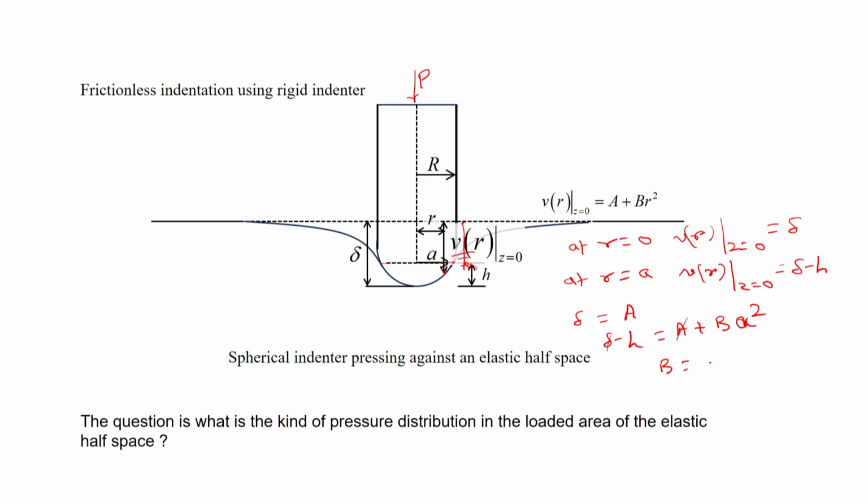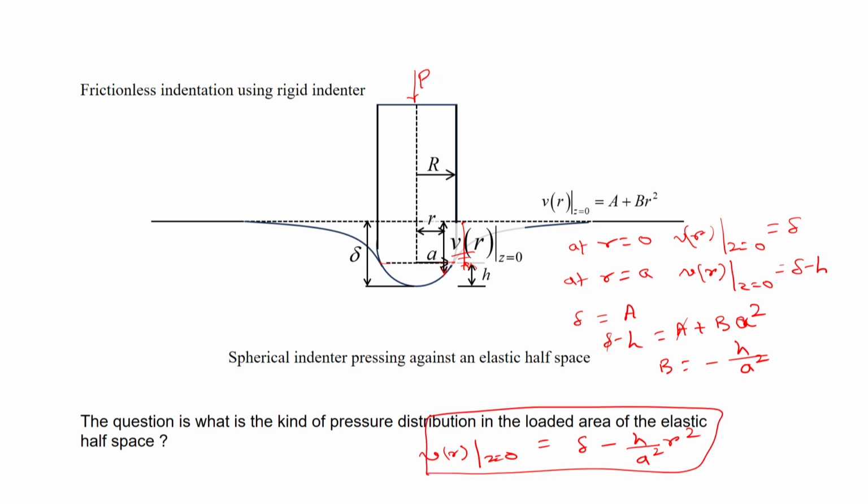So capital B is equal to minus h by a². Therefore, V at z = 0 is given by delta minus h by a² into r². I hope this captures the idea. At r = 0 this is delta, and at r = a it is delta minus h. So this is the way. Now, how does one solve these problems?